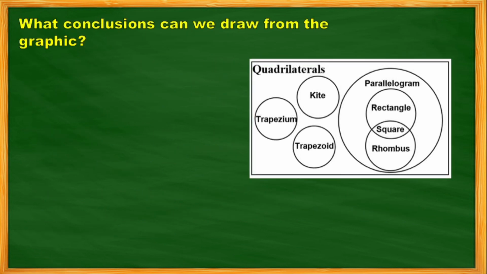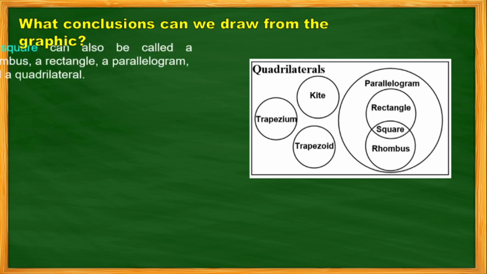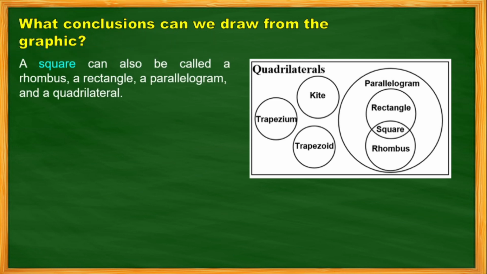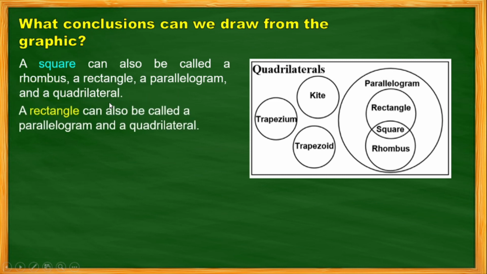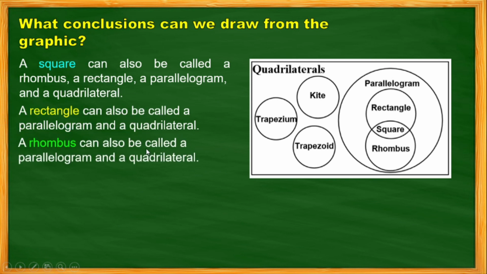So what conclusion can we draw from the graphic? We can say that a square can also be called a rhombus, rectangle, parallelogram, and quadrilateral. A rectangle can also be called a parallelogram and quadrilateral. A rhombus can also be called a parallelogram and quadrilateral.